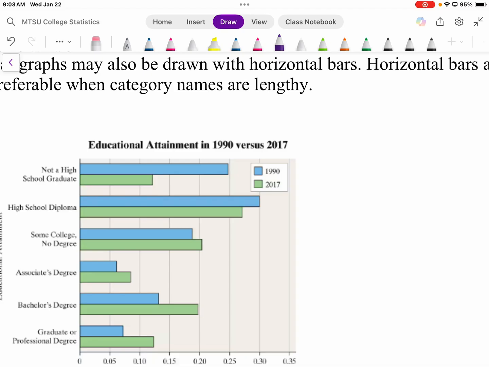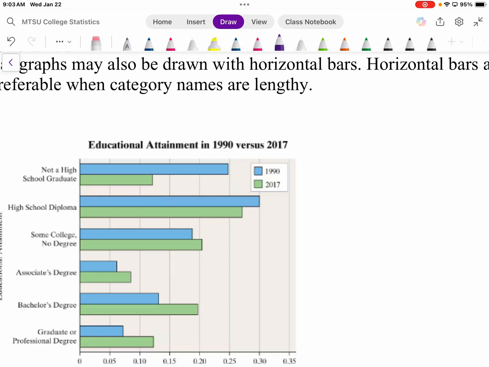Some college, no degree, is almost about the same, close to being the same proportion. There's not a big difference there. But we can tell there is a big difference: there is a lower proportion that did not graduate high school in 2017 compared to 1990. Okay. Then we could go through and ask the question, well, why?